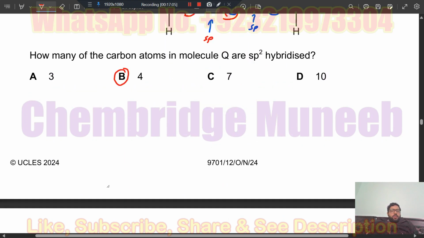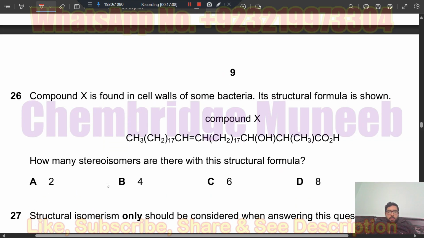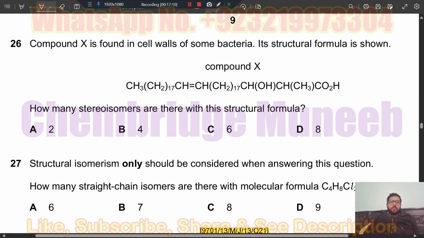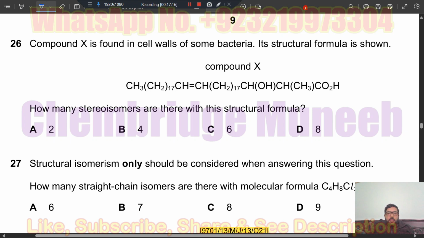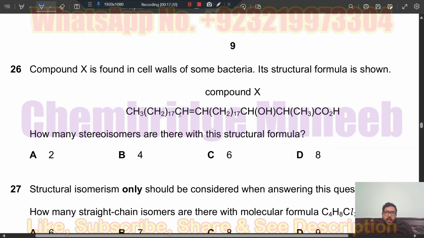Now question number 26. Compound X is found in cell walls. So we have this organic compound and we have to determine the stereoisomers of this compound. If we look at this structure, we can find that this side can make cis and trans isomers. That is possible here.